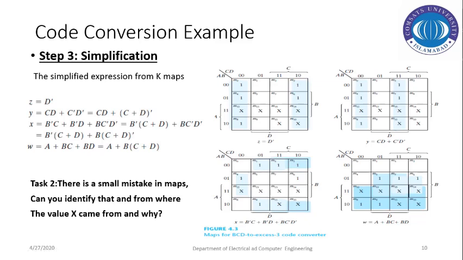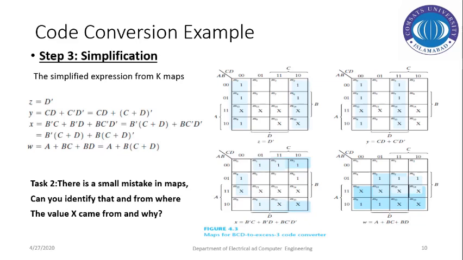The first term that is extracted from this group is C and D, because C and D are the literals that are not changing within the group, while the rest of the inputs A and B are constantly changing within the group.